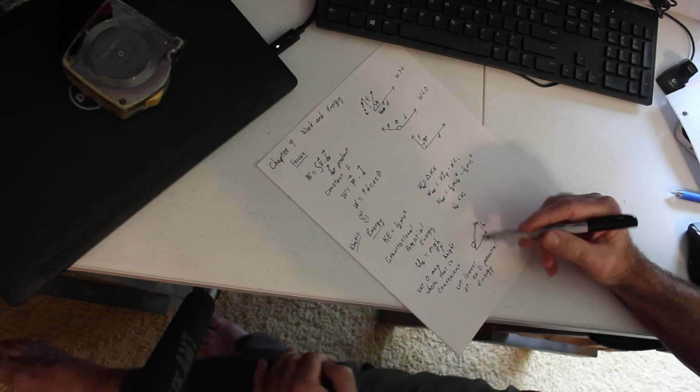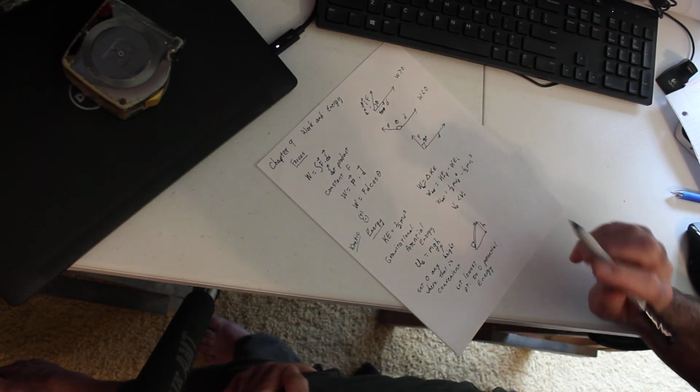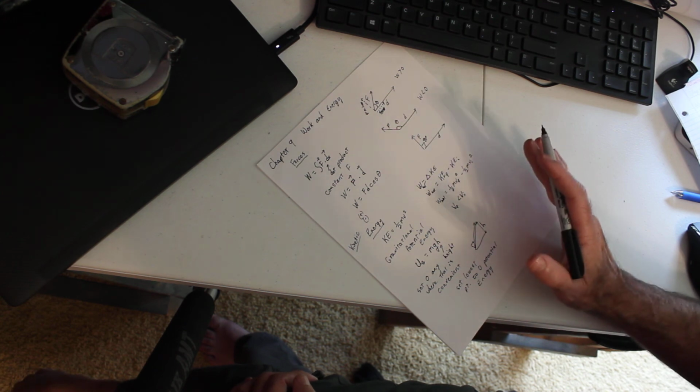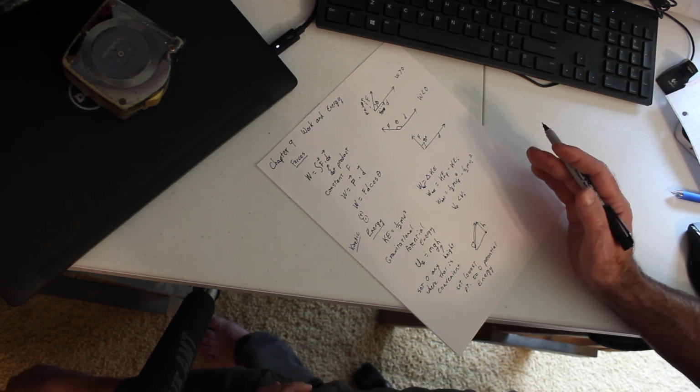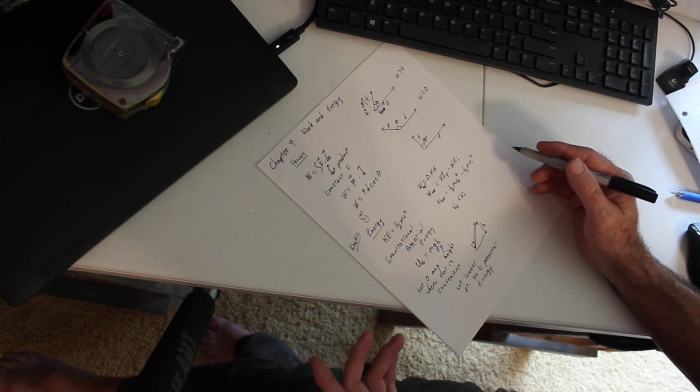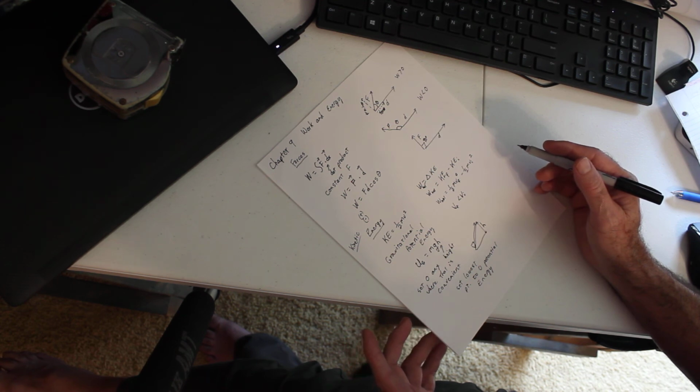Then your potential energy is always going to be a positive value. But the physics works fine no matter how you set it. Okay? All right. Basically, that is how work does.